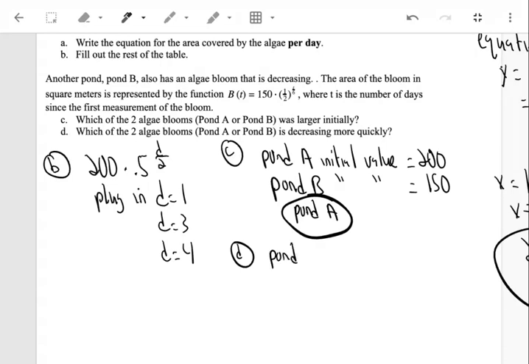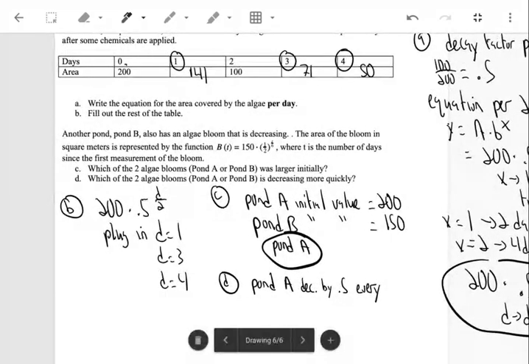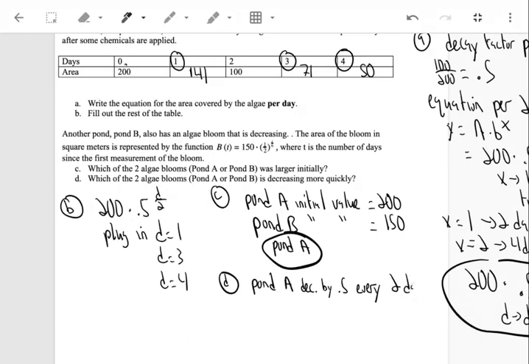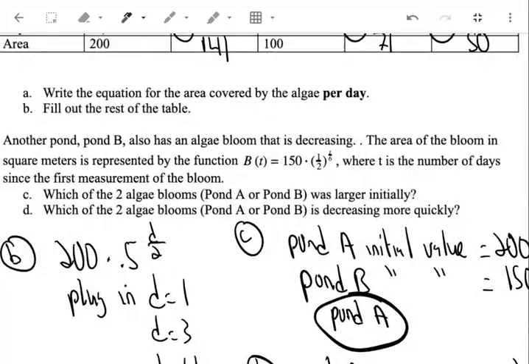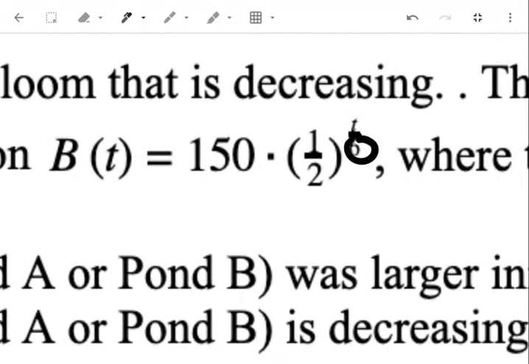So pond A is decreasing by a half every, notice it's decreasing by a half every 2 days. Okay. Pond B is decreasing by a half every, let's look at the equation. Notice this right here is a 6.